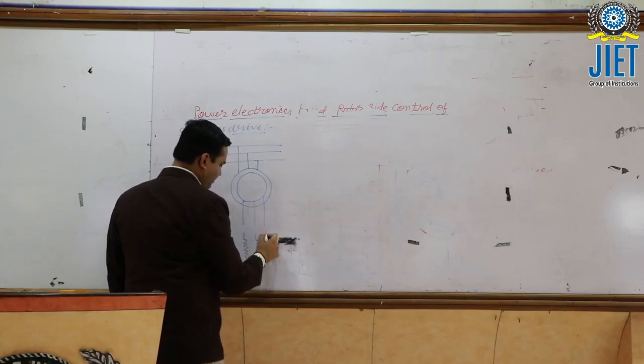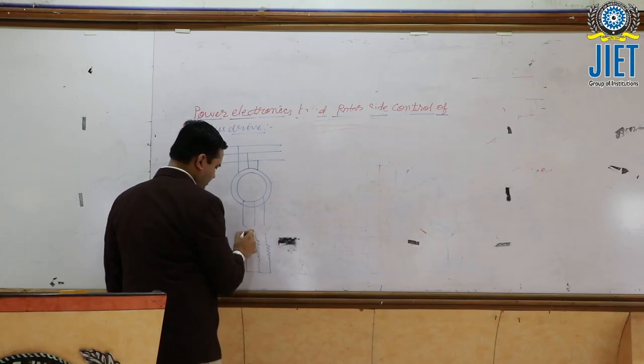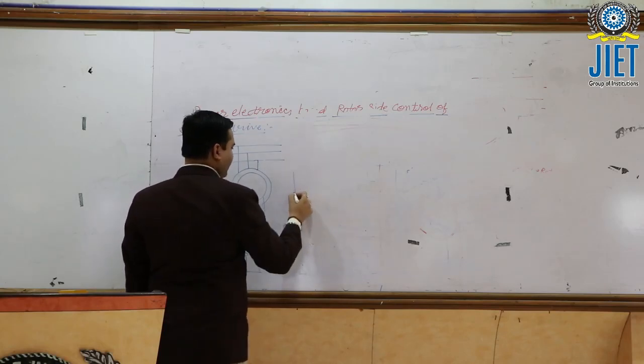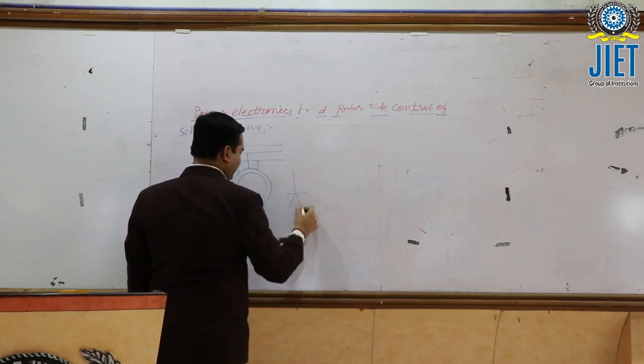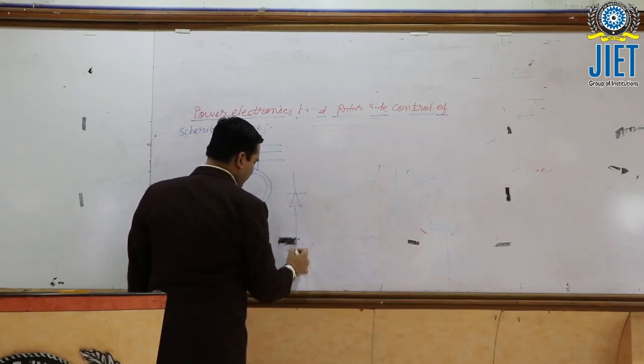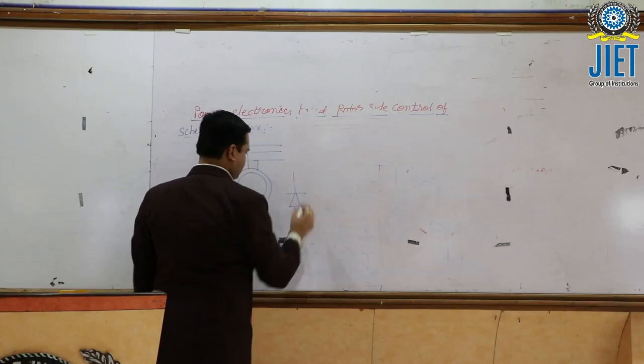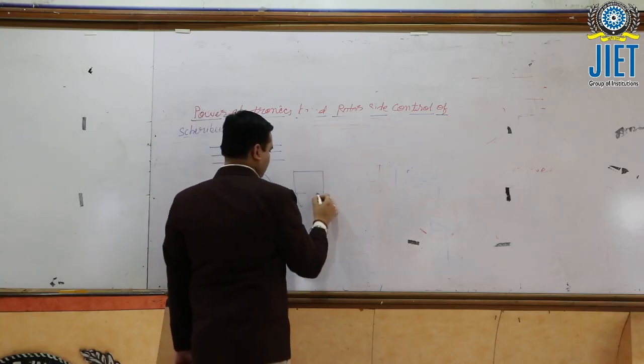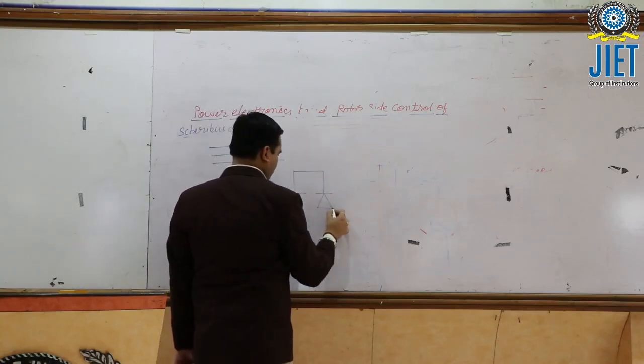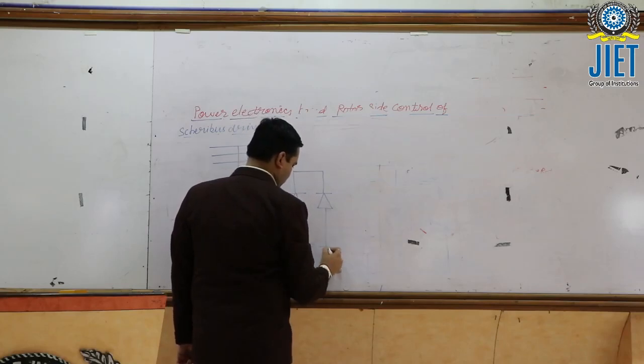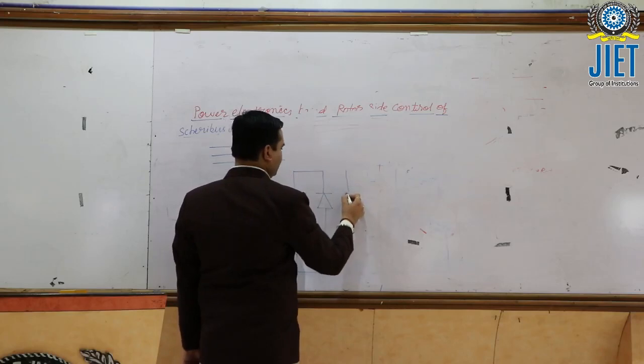This is the third phase. Now a diode bridge is connected again. Here we will connect the diode bridge. This is the third branch.